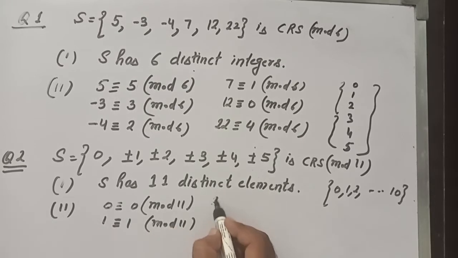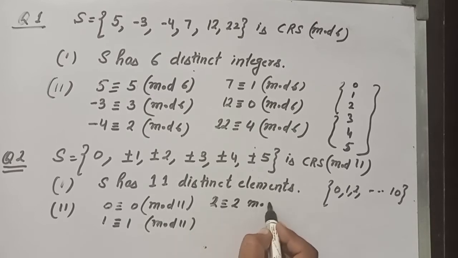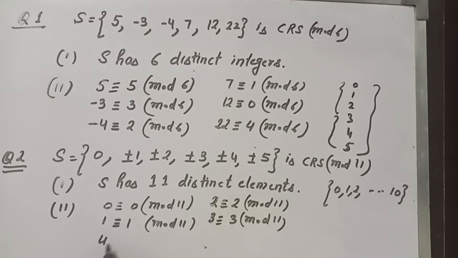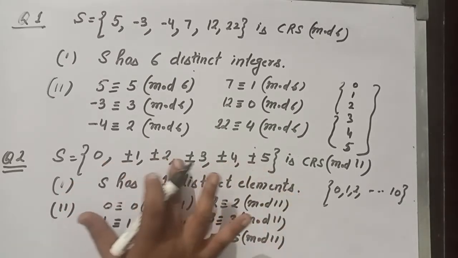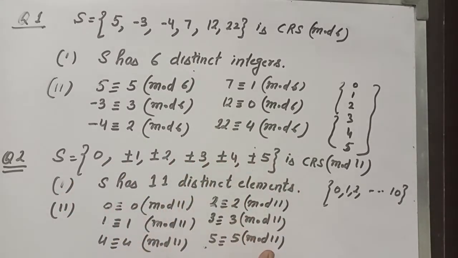Therefore 2 is congruent to 2 mod 11, 3 is congruent to 3 mod 11, 4 is congruent to 4 mod 11, and 5 is congruent to 5 mod 11. What we have done till now is take only the positive integers 1, 2, 3, 4 and 5. Now what about the negative integers? So let's see.